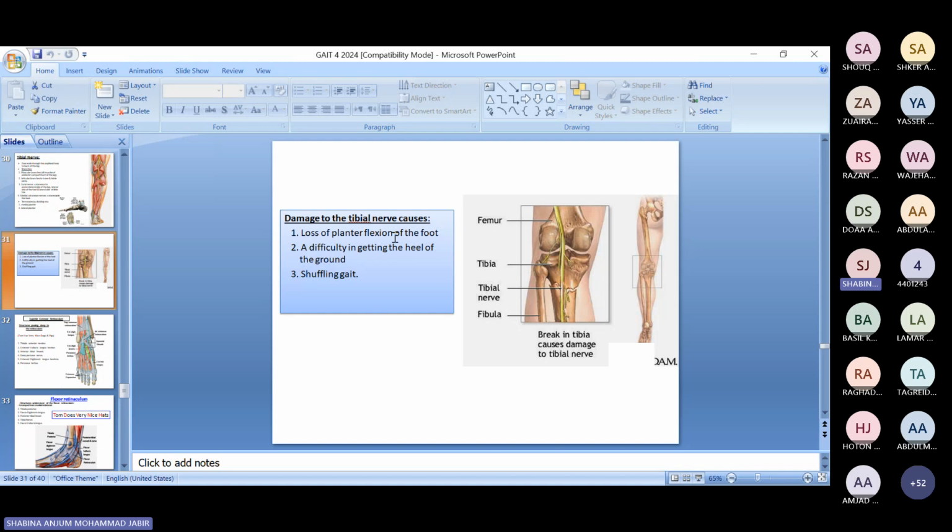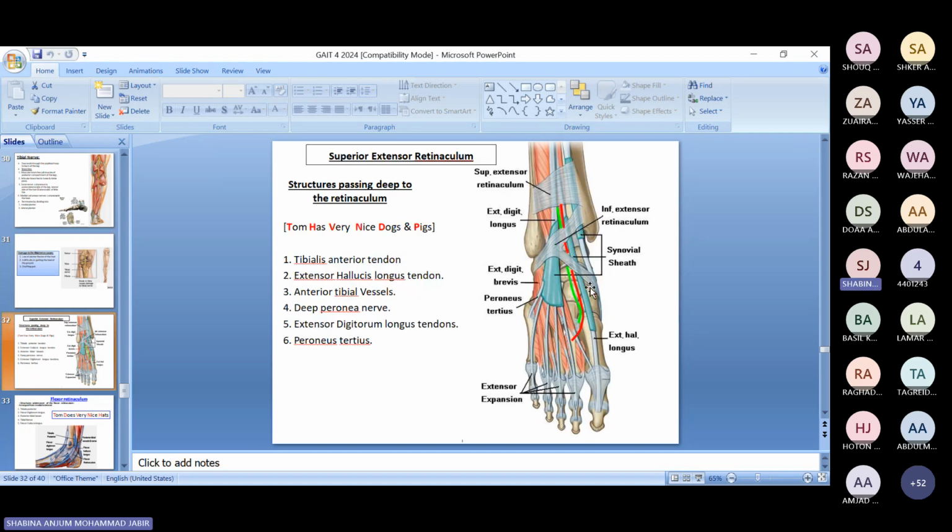You can try it yourself. Simply you will walk with the heel hitting the ground. This is a shuffling gait, which is different from the neurological one. This is the shuffling gait due to local nerve injury.